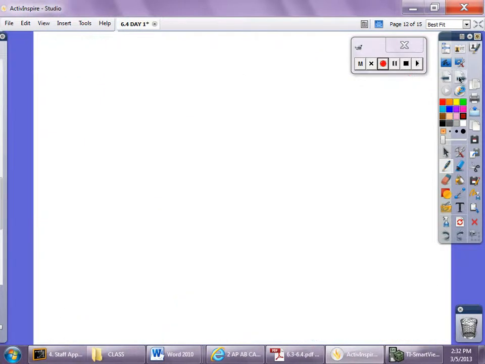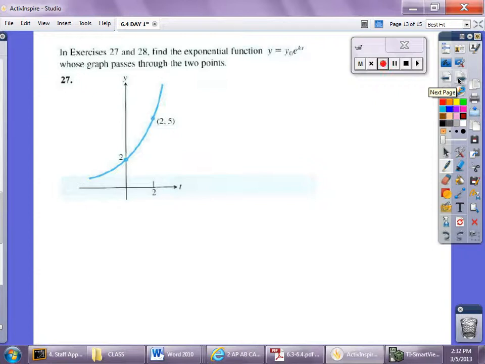Do I have another one? I do. I only showed you this problem because this is essentially the same exact problem we just did a second ago. It's a little bit easier because they gave you the y-intercept, but any problem where they give you how much you have at a certain time, these would be the points.